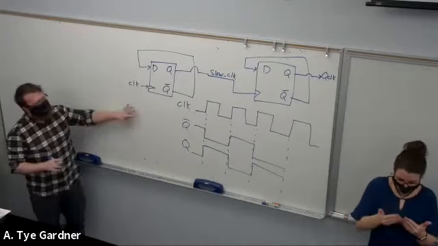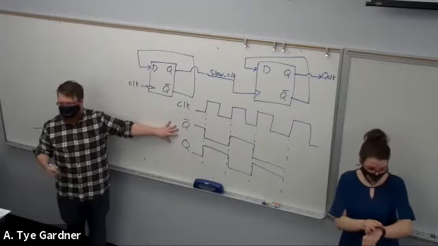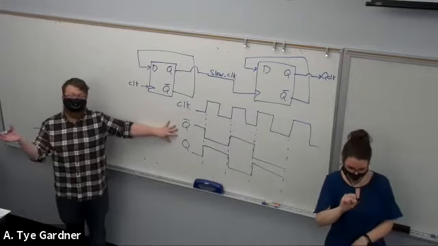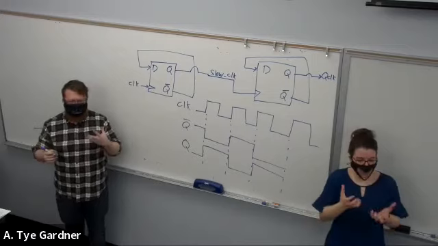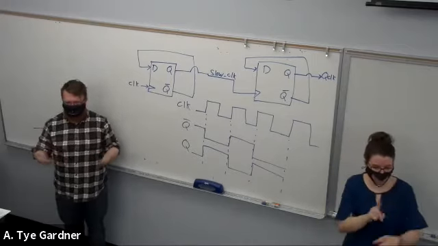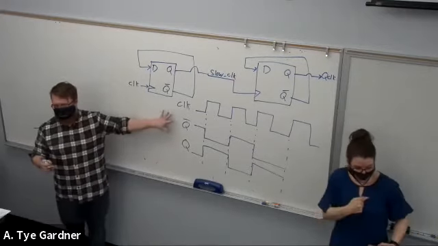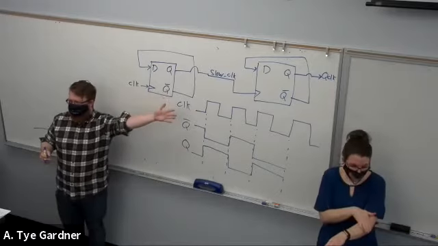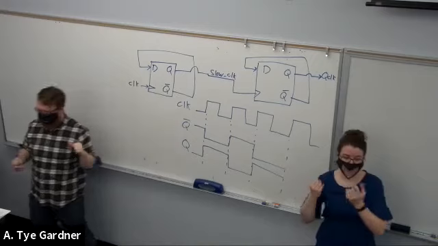So if we had a 100 megahertz clock and I only cared about, say, 100 millisecond resolution, which is what we call time resolution, on my garage door opener, because 100 milliseconds for a garage door opener for humans is fast, but for computers and digital logic it's very slow, I would just chain a whole bunch of these to create a very slow clock off of a very fast clock.